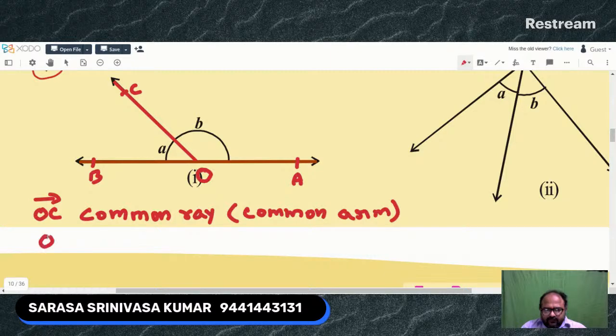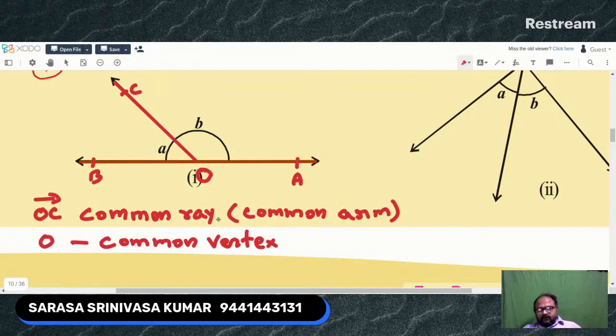Here O is the common vertex for the angles A and B. Common arm is that and common vertex is that. So from this, can you say that A and B are adjacent angles?